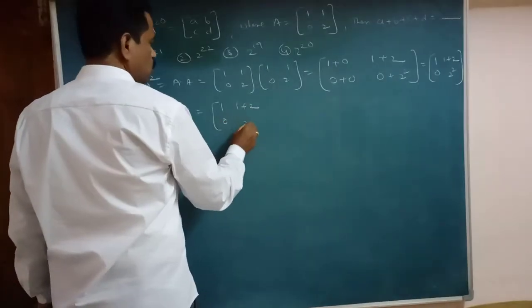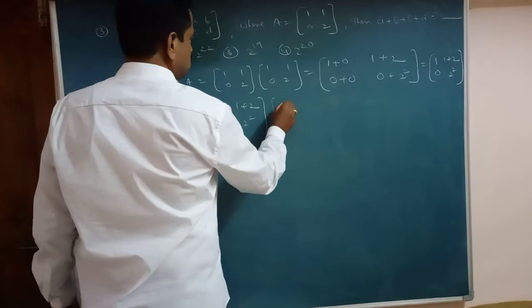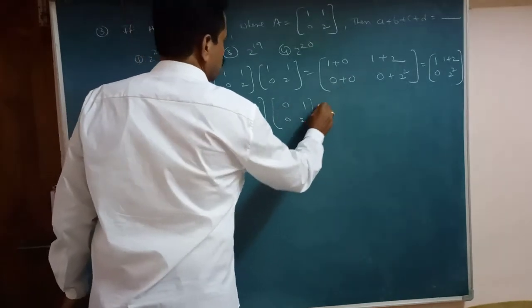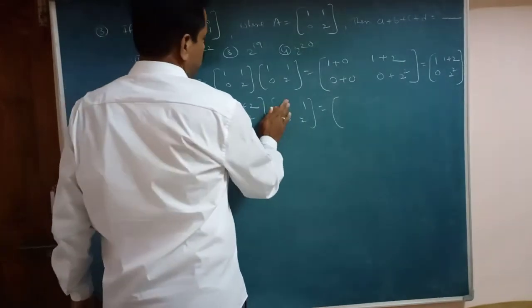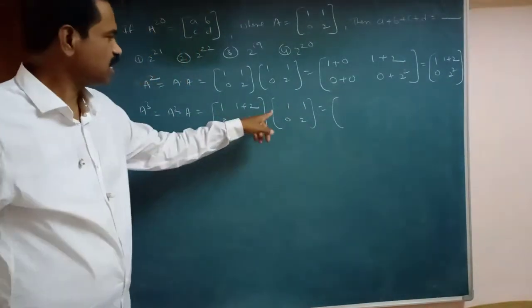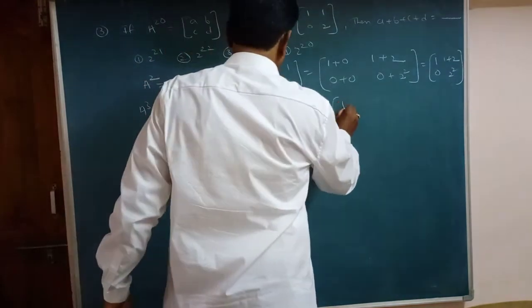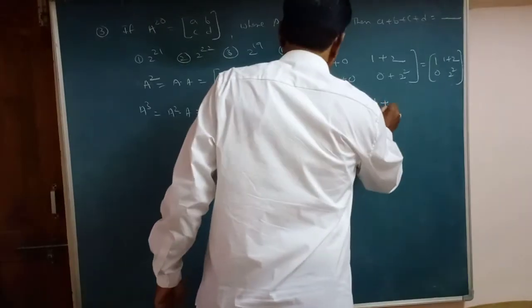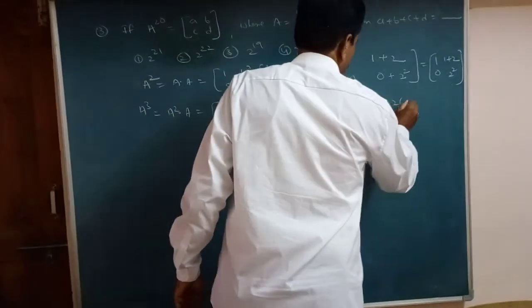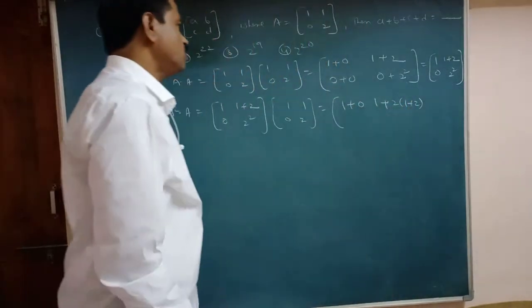Next, write down A cube. A square into A, where A square is 1, 1 plus 2, 0, 2 square, and A is 1 1 0 2. Now multiply the rows by columns. 1 into 1 is 1. Next, 1 into 1 plus 2 into 1 plus 2 into 2.